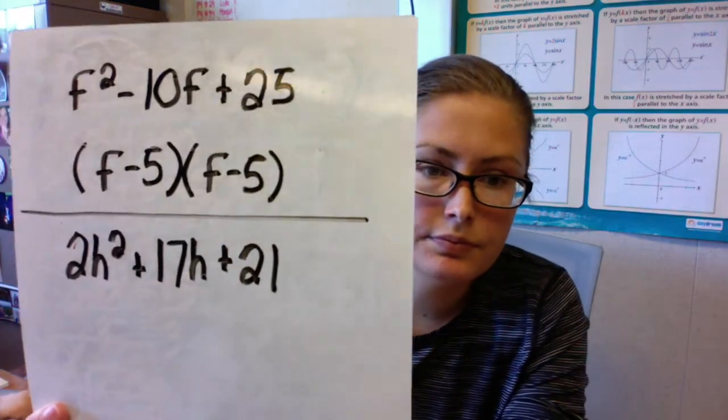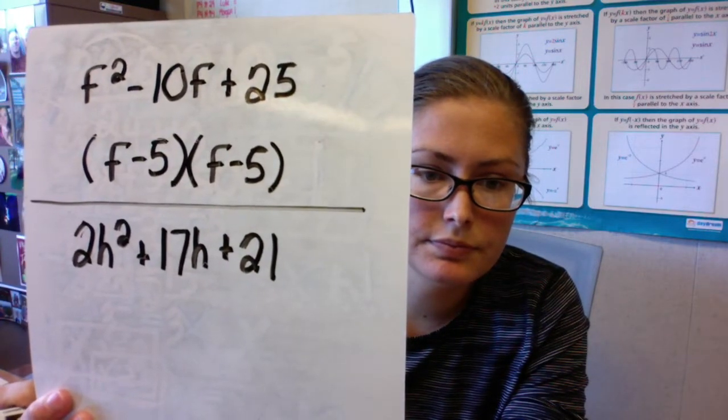Next one says factor 2h squared plus 17h plus 21. We have 2h and h.